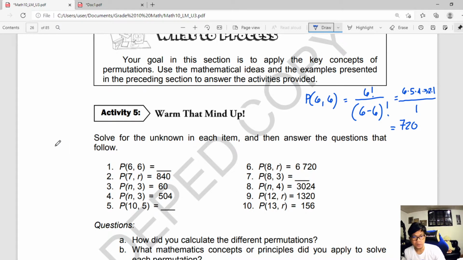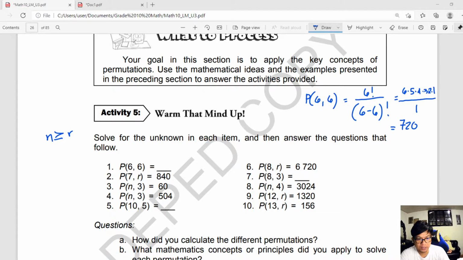We all know that n is greater than or equal to r. So, ibig sabihin yung r dito pwedeng 7, pwedeng mas maliit siya dapat, diba? Kasi mas mataas or equal siya sa n. So, pwede siyang 7, pwede siyang 6, 5, 4, 3, 2, 1. So, i-try natin. We will have a trial and error. I-try natin, dapat maging equal yung sagot sa 840.